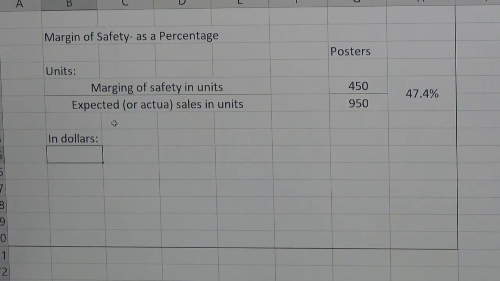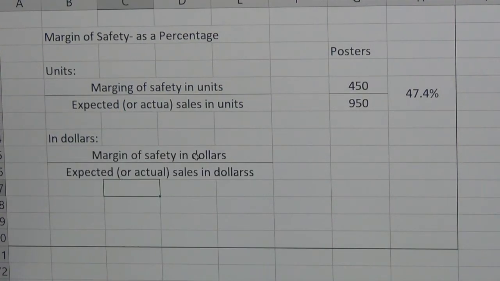So if we do this in dollars, we're going to really do the same computation. We'll take our margin of safety in dollars, and we're going to divide that by the expected or actual sales in dollars. Same as this, except instead of units, we're focusing on dollars.